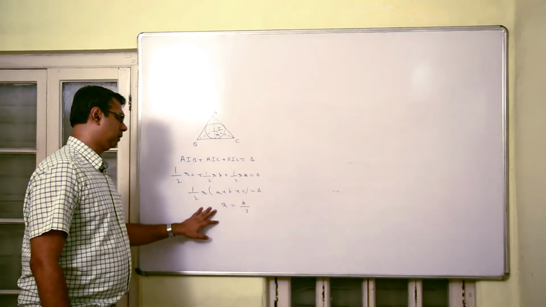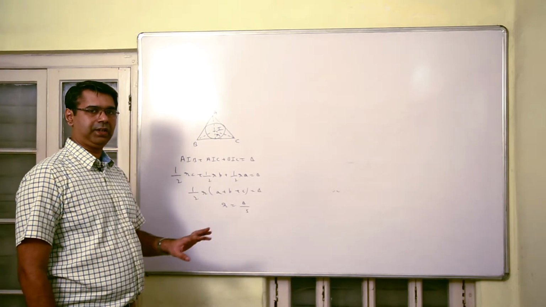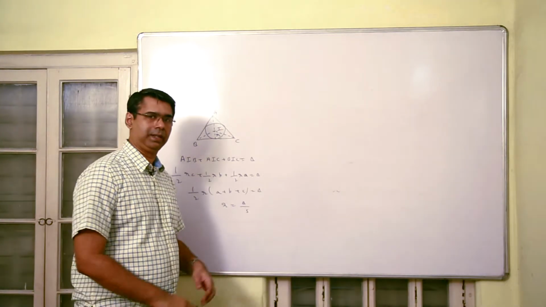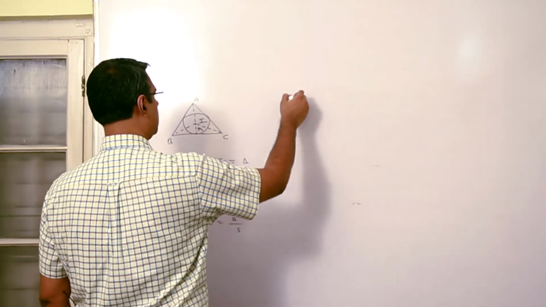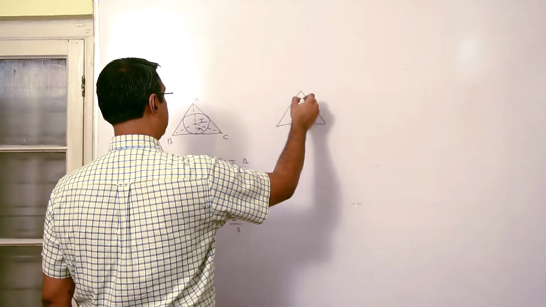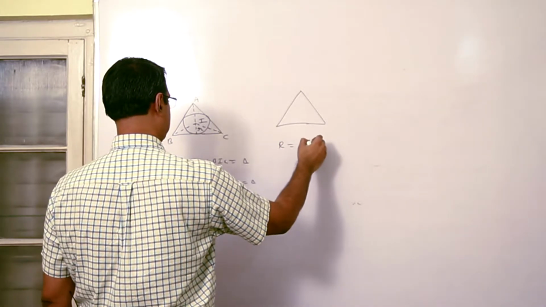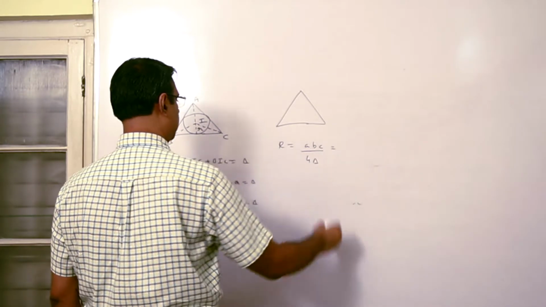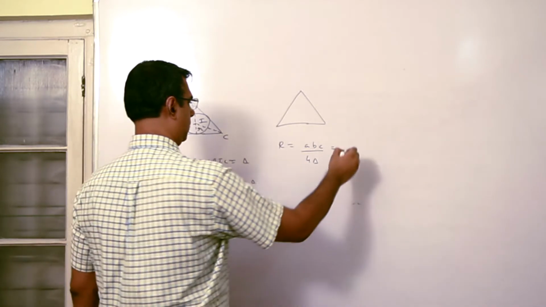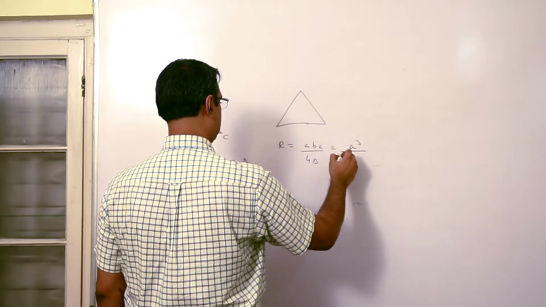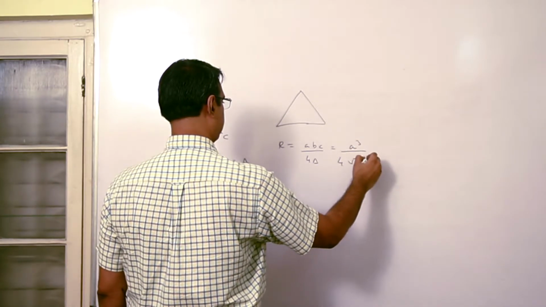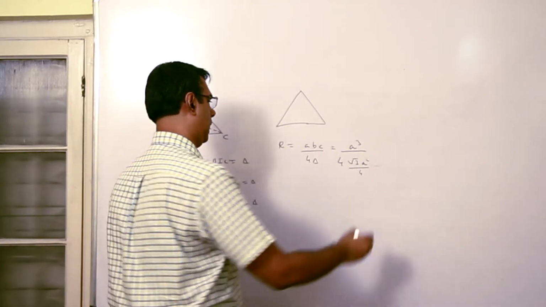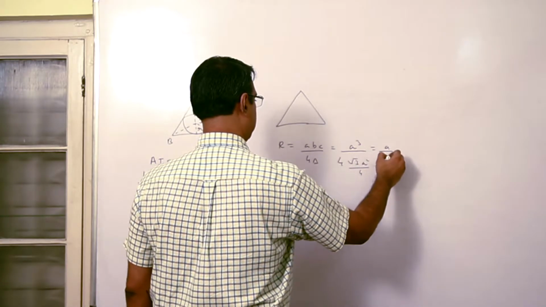I would like to say that there are two special triangles where you can find circumradius and inradius by some other method. What is that? Suppose you have an equilateral triangle, so you have seen that the formula for circumradius is ABC by 4 into area. So if it is an equilateral triangle, then the answer will be A by root 3.